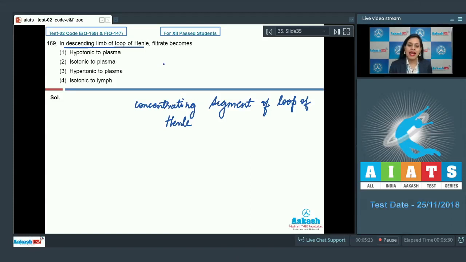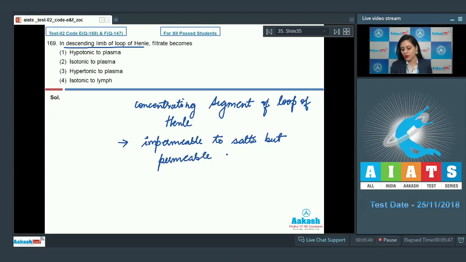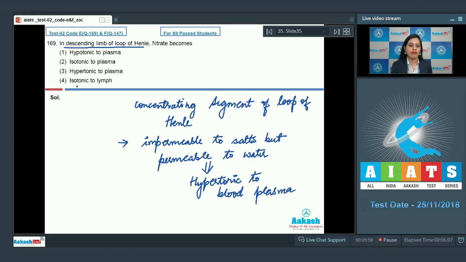And in this segment, it concentrates the filtrate, because it is impermeable to salt but permeable for the movement of water. So it makes the filtrate hypertonic to blood plasma. So the correct answer for this question is option number 3, that is hypertonic to plasma.